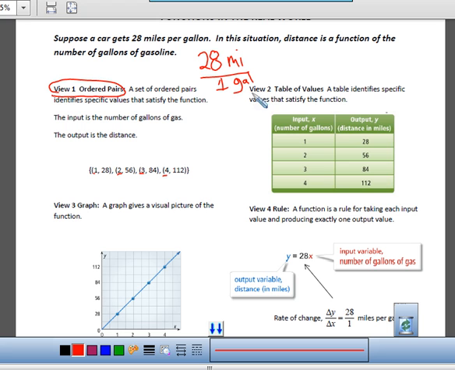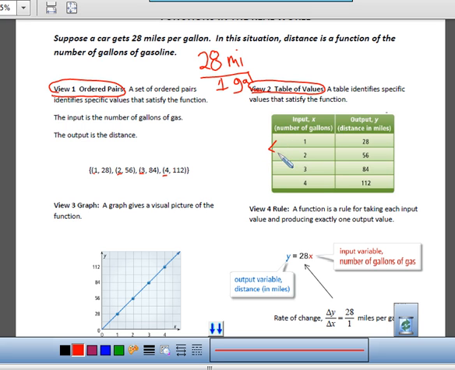The second view is in a table. So we have a table of values, and you'll see the heading, same thing. A table identifies specific values that satisfy the function, kind of like points or ordered pairs, coordinate pairs. But it's organized a little bit differently. So we have our input, our x, and that's all of these values here.